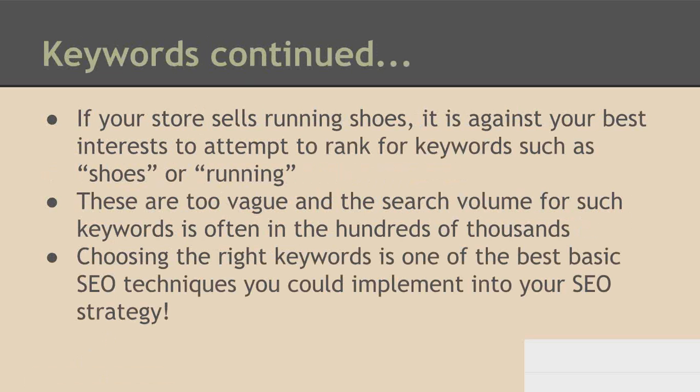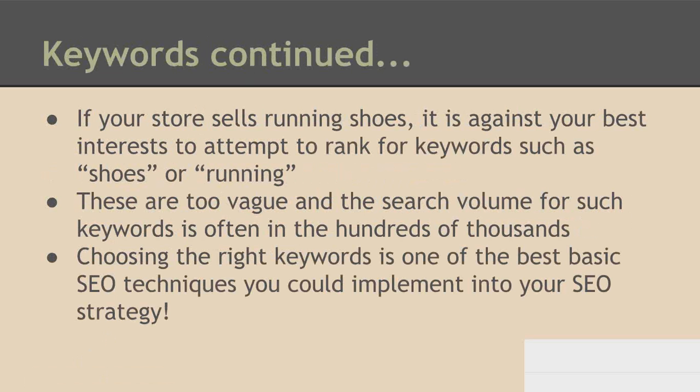The reason is that those keywords usually have a really high search volume, often in the thousands, and they're going to be dominated by industry leaders. In this case, Adidas, Nike, Zappos, they're always going to rank first or on the first couple of pages for terms that general.